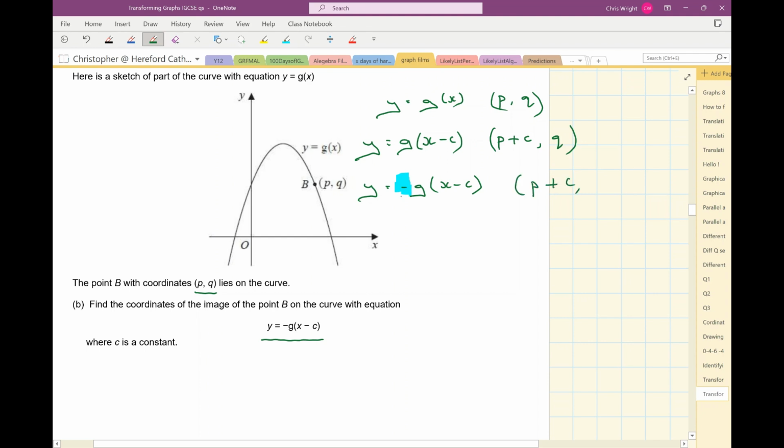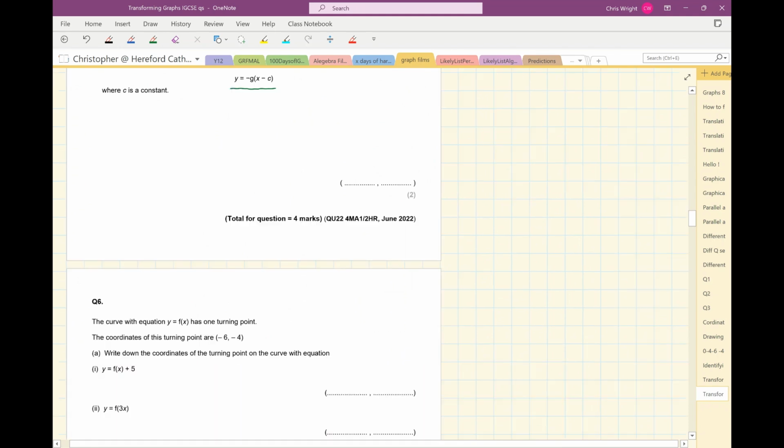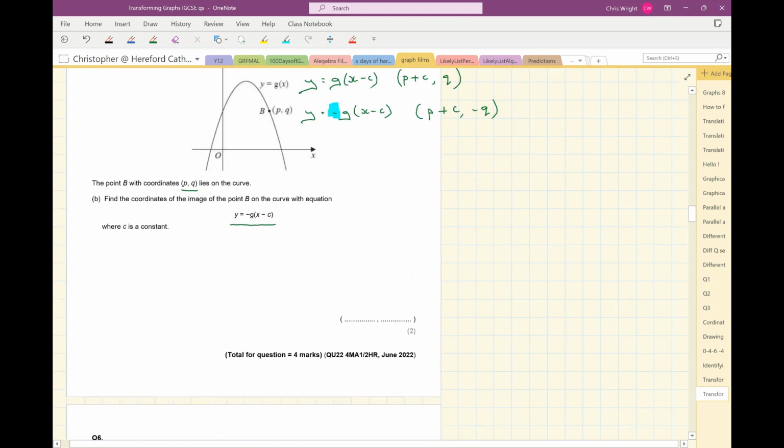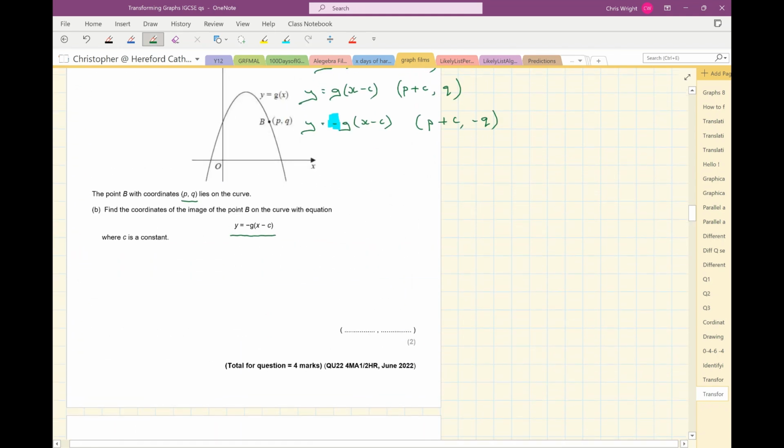And if we're multiplying the function by minus 1, the y-coordinate will also be multiplied by minus 1. So it won't be q anymore, it'll be minus q. So the coordinates of the point B on my new curve will be P plus C, comma, minus Q.